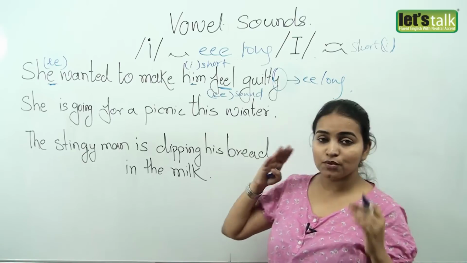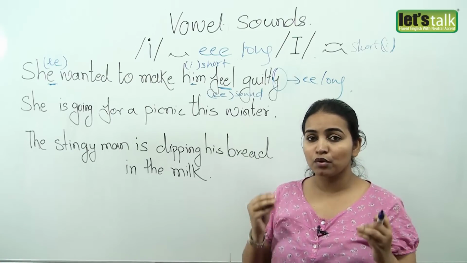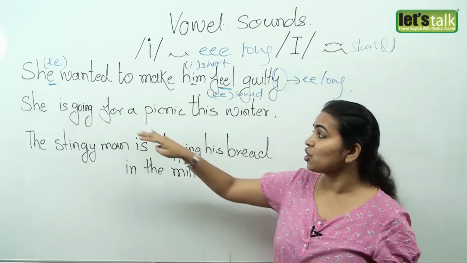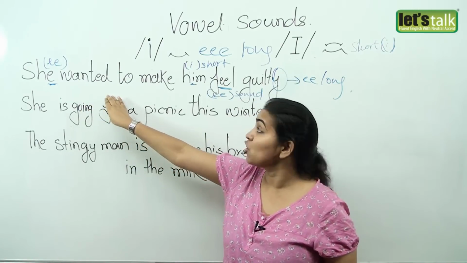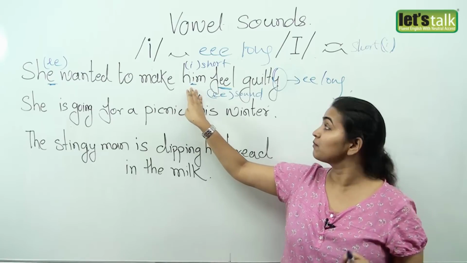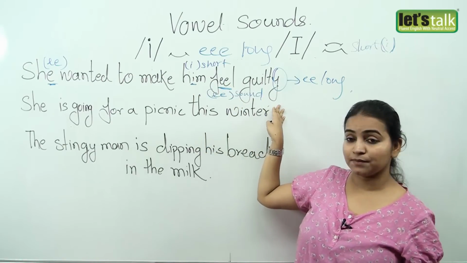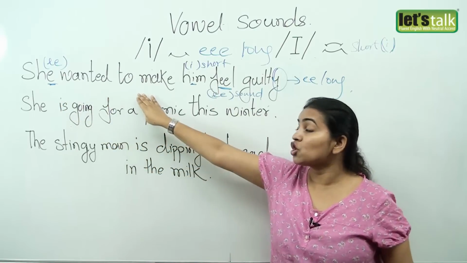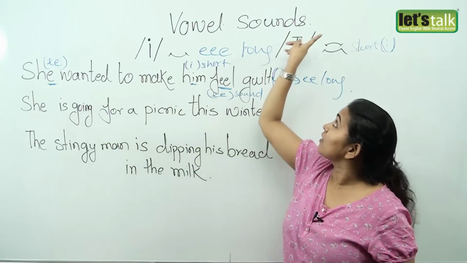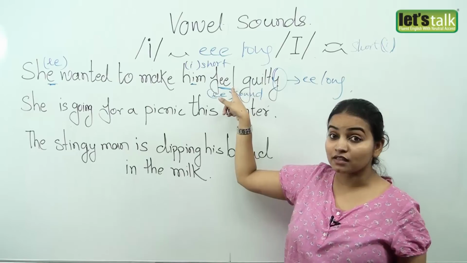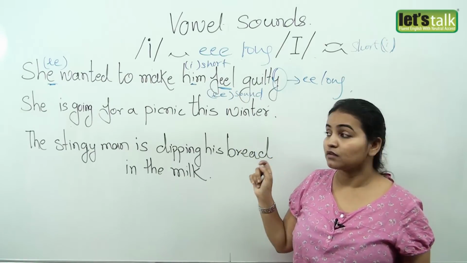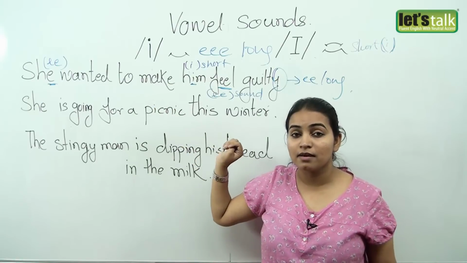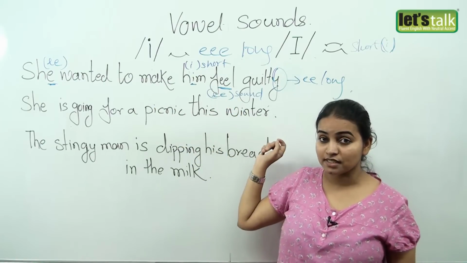Okay, so let's read the sentence bearing in mind both the E and the I vowel sounds. She wanted to make him feel guilty. Can we do that again? She wanted to make him feel guilty. Watch the lip movement. She wanted to make him feel guilty.